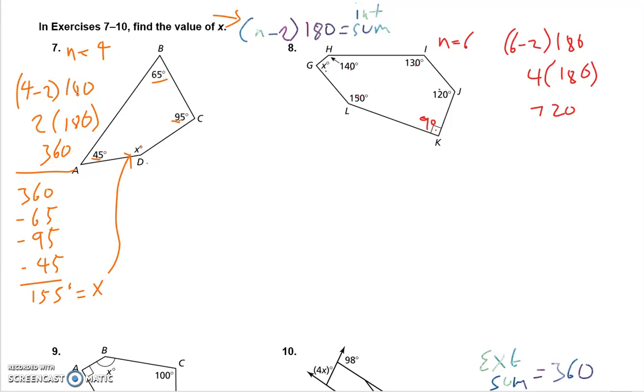So 720 minus 140 minus 130 minus 120 minus 150 minus 90. That's going to be 90. Cool, so X equals 90.